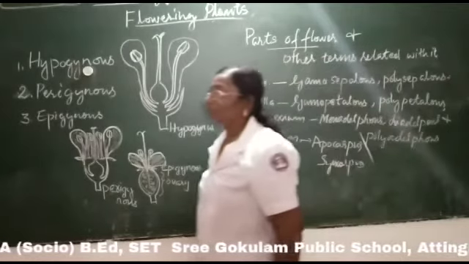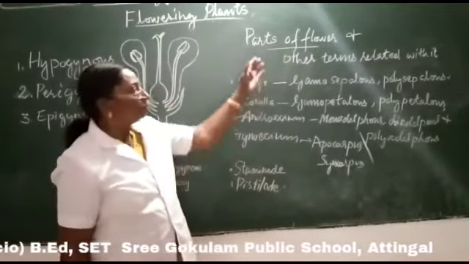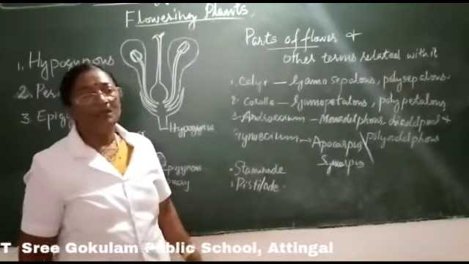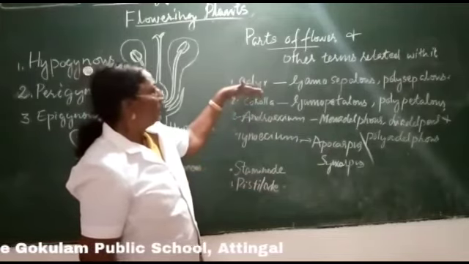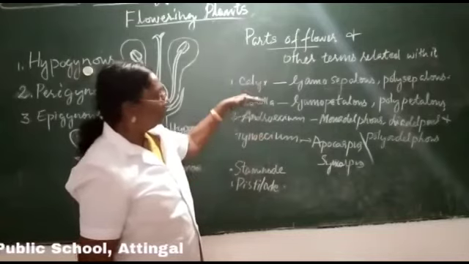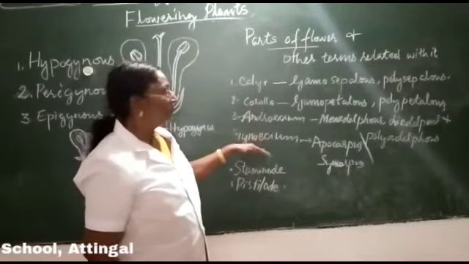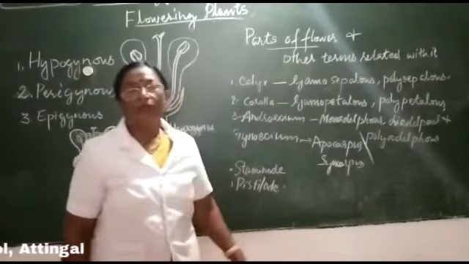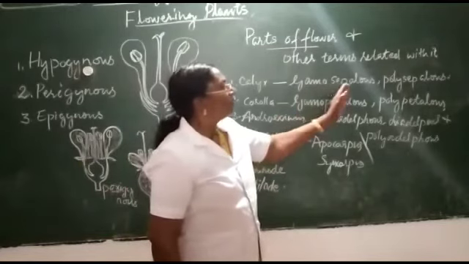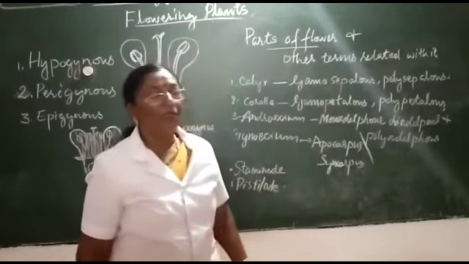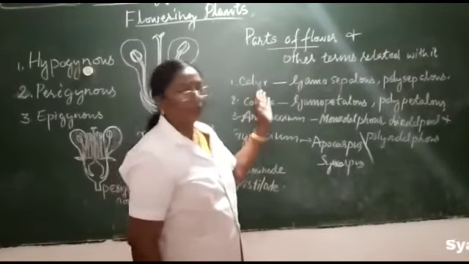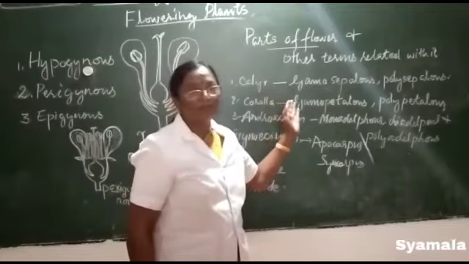And certain other terms are related with the parts of flowers. We have already studied that a typical flower has four different parts: calyx, corolla, androecium and gynoecium. Related with these, there are certain technical terms: gamosepalous, polysepalous, gamopetalous, polypetalous, etc. The calyx is formed of sepals.